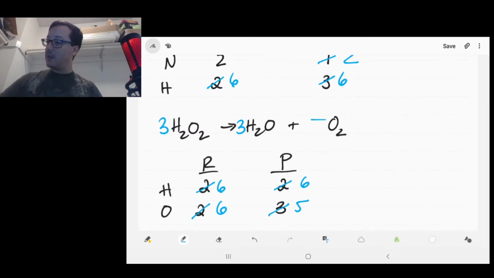What we could say is, well, we've got really 1.5 oxygen molecules. And that might be horrible to some people. And it's okay. You can technically have this as long as you fix it later. We're looking at the ratios here. So we want to kind of always look at things as the lowest possible ratio.